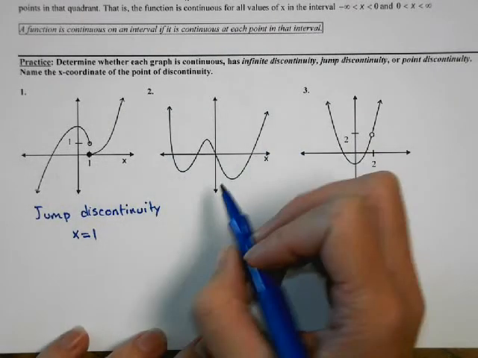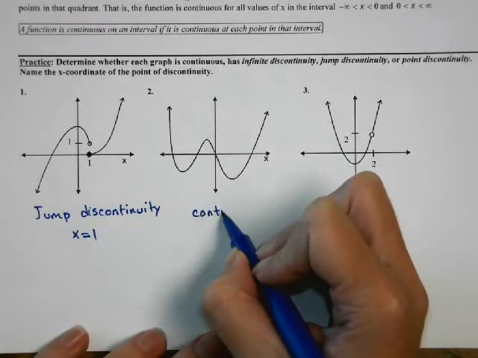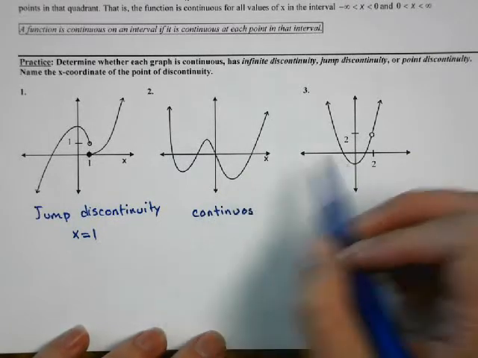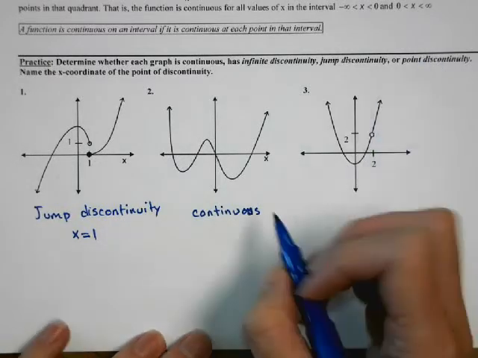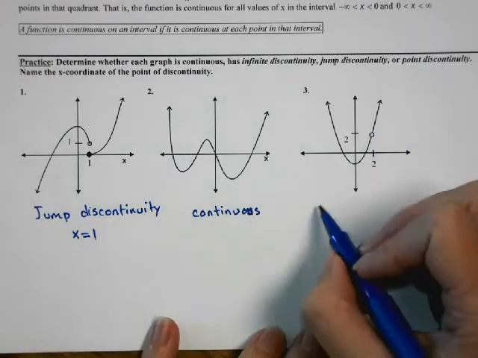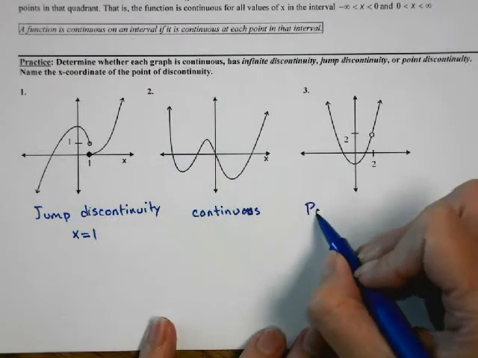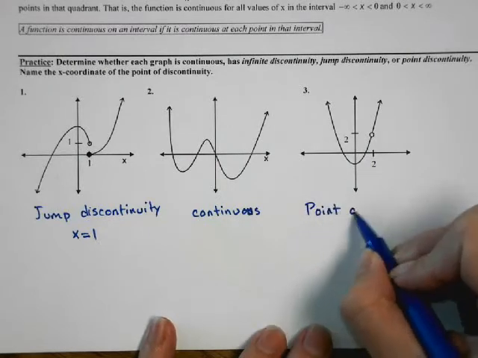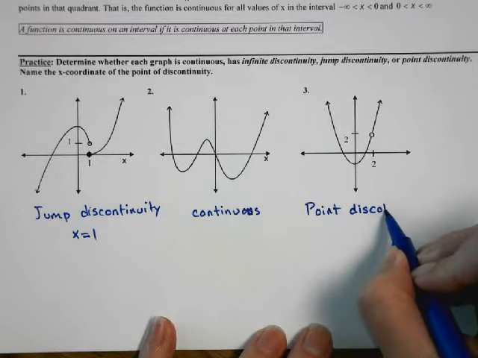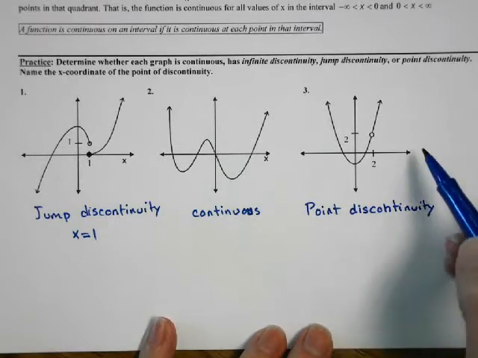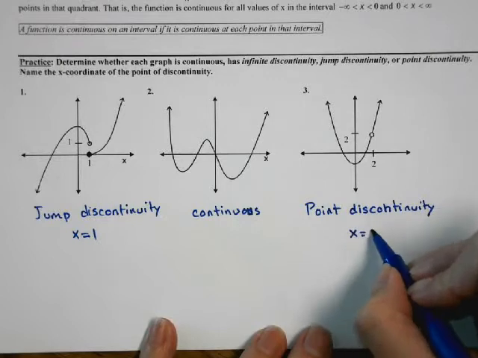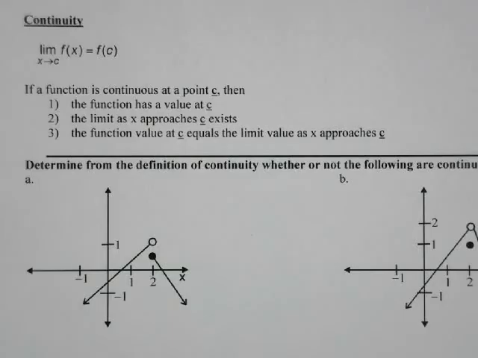This one, there's no breaks in the graph, so this one is continuous. This one is discontinuous. It has a point of discontinuity. And that happens when x is equal to 2.